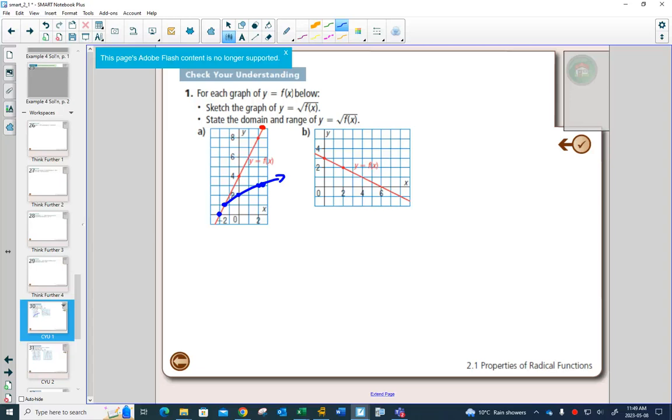But this section between 0 and 1 has to be slightly above. So when you square root a number between 0 and 1, it gets bigger. We show that on a graph by being slightly above. Whenever it's bigger than 1, square rooting it gets smaller, so we show that on the graph by the blue graph being below the red graph.